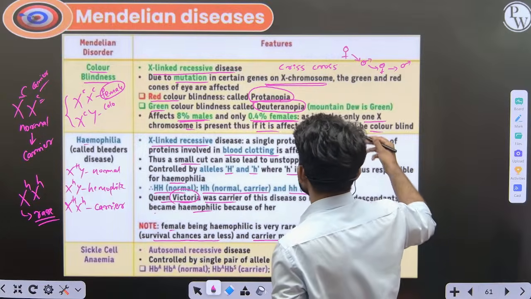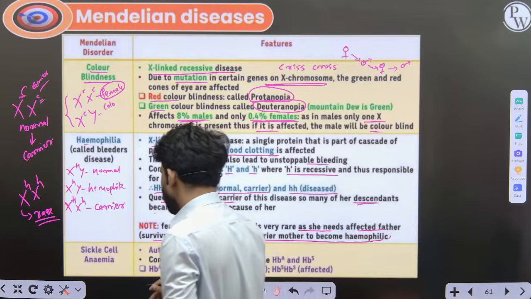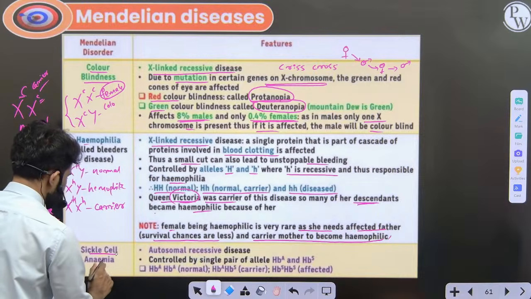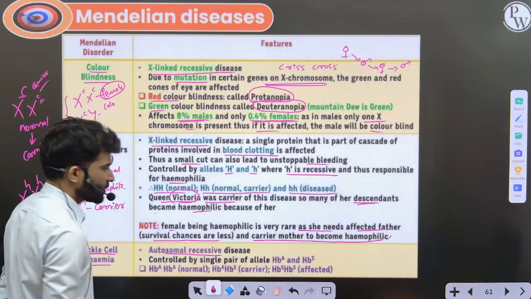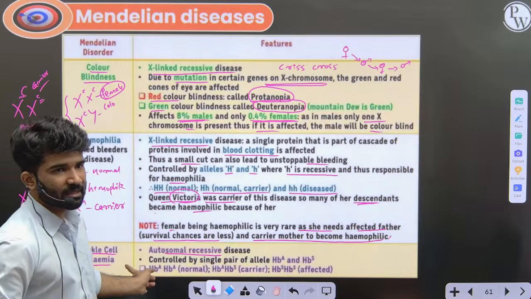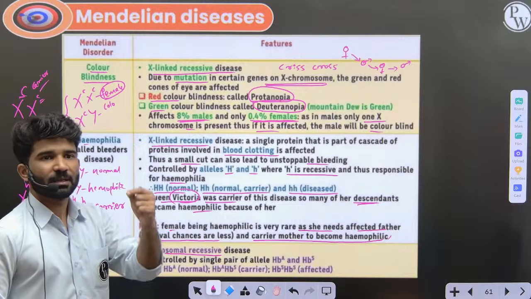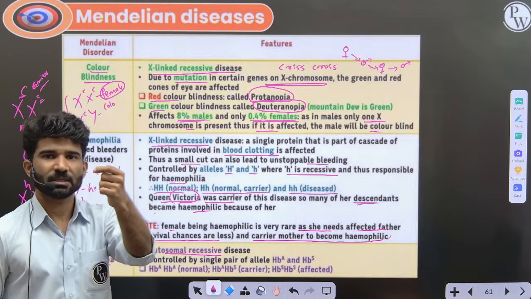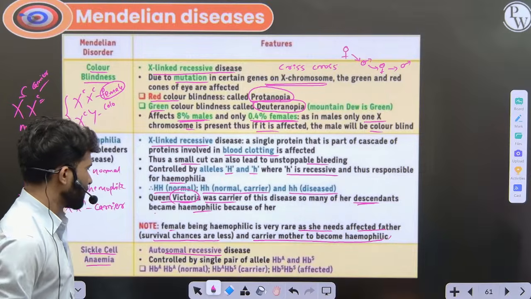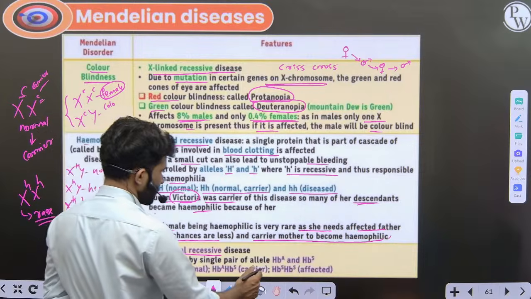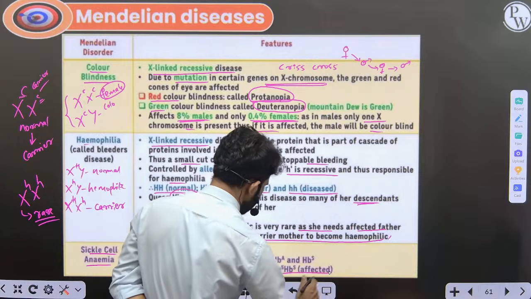The next one is sickle cell anemia, an autosomal recessive disease. The name itself indicates it: the normal RBC is round and biconcave, but here they become sickle-shaped cells. What are the genes that control this? A person carrying both HbS alleles is affected.